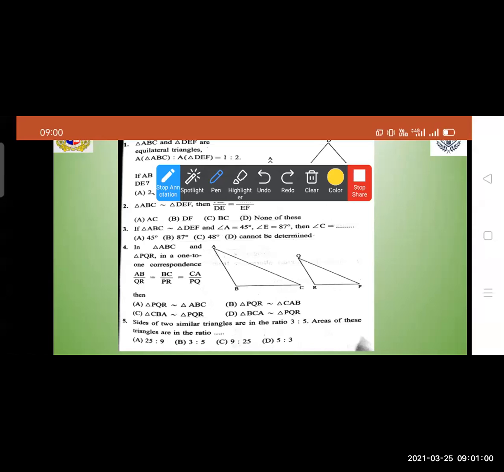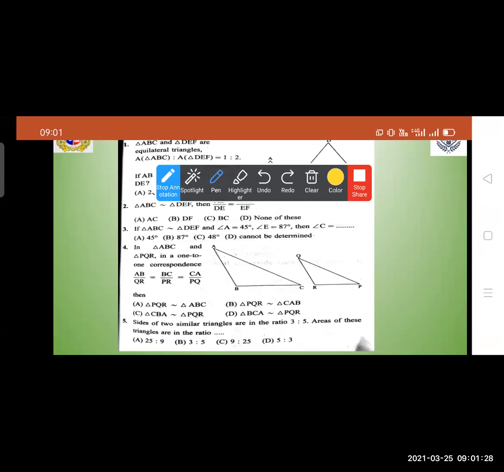Which one is the correct option? So here we check option B, triangle PQR is similar to triangle CAB. In this way, we choose option B.